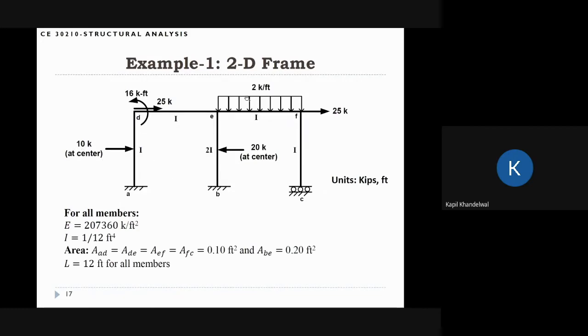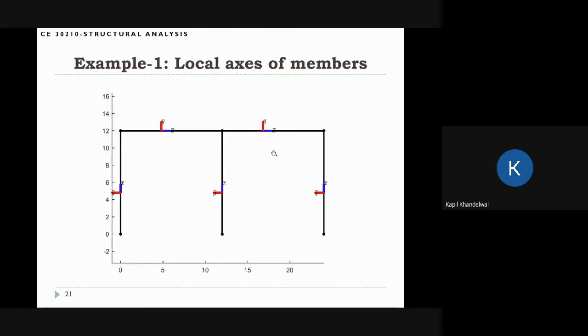Okay. But for column BE, now you can see that the load is acting in the positive y direction, because positive y direction is in this direction. So I should be using the P value of -20, okay? Because now the load is actually in the negative sense.